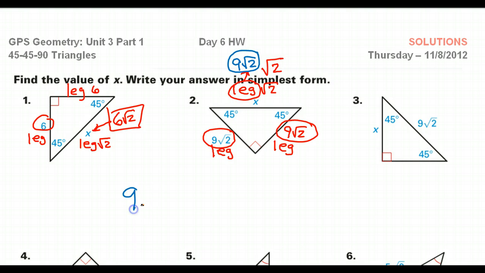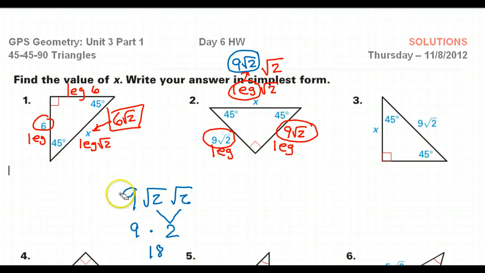Look guys, if I have 9 radical 2, radical 2, anytime you multiply a radical by itself, the number comes out. So radical 2 times radical 2 is 2. If I bring down the 9, that's 9 times 2. That's how I knew in my head that it was going to be 18. If you understood that, great. Otherwise, just use your calculator.